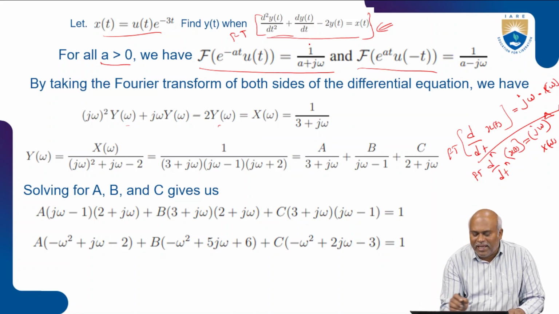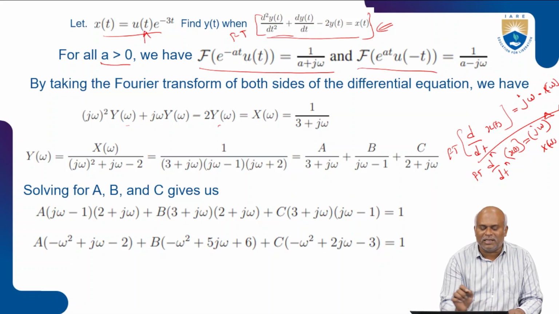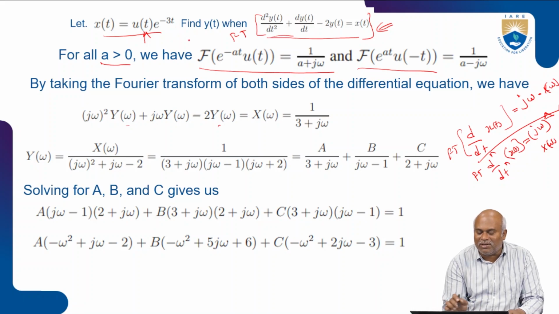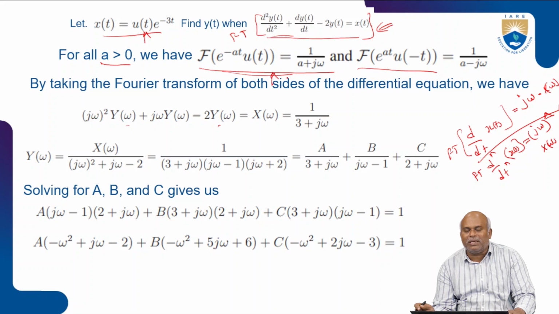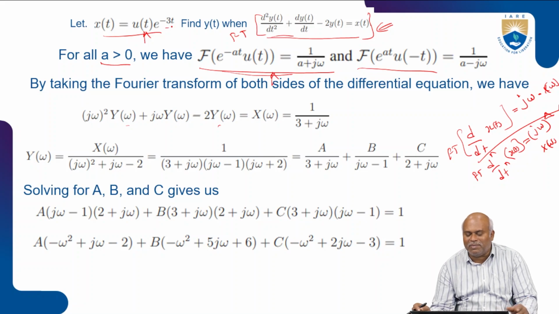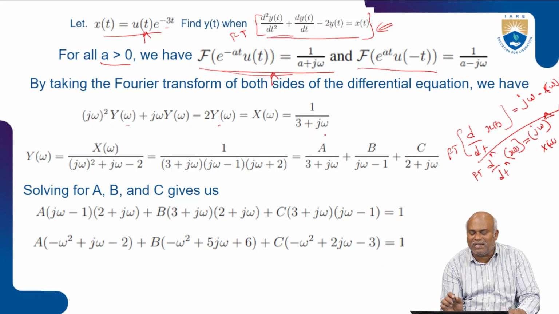Now take the Fourier transform of this term. What is the Fourier transform of u of t e power minus at? We use the equation: the Fourier transform of e power minus at u of t is 1 by a plus j omega. Now a is 3, that's why I write 1 by 3 plus j omega.